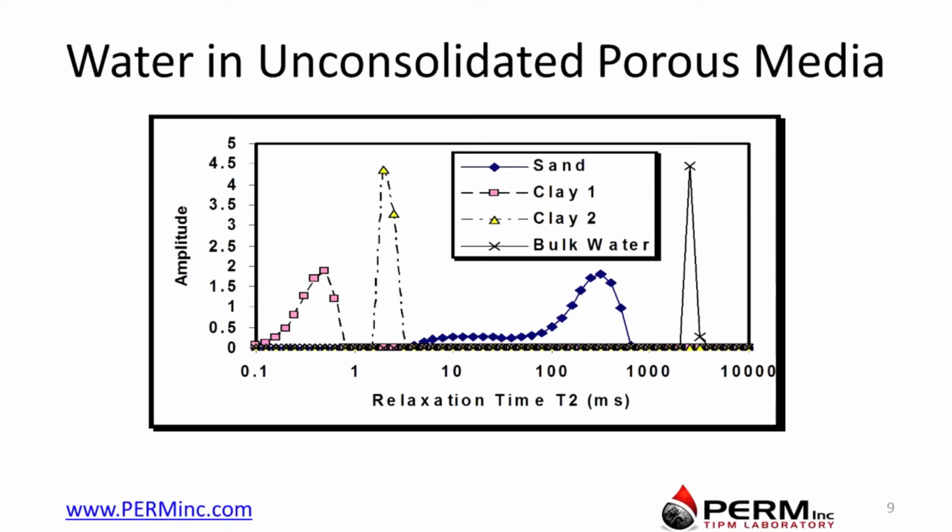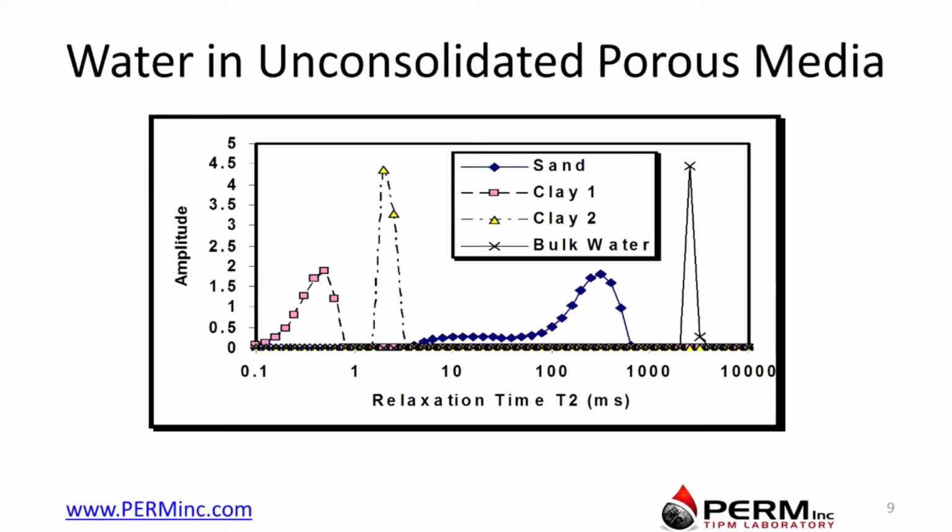In unconsolidated sands, we have a variety of sand and clay materials that can be present. So again, as in this figure here, this slow relaxing peak at about 2 seconds is the signal from bulk water. Again, water, a low viscosity fluid, something that relaxes very slowly. If we take that water and we put it into sand now, we are getting the surface relaxation of water in sand.